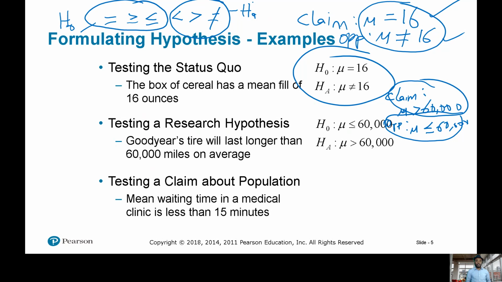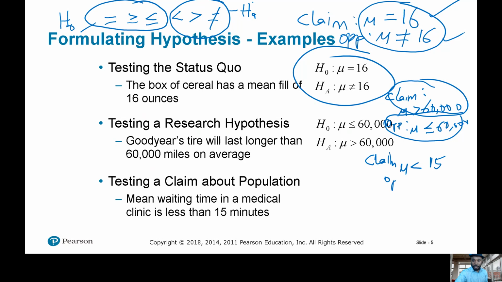Another example, testing a claim about the population. We're given here that the mean waiting time in a medical clinic is less than 15 minutes. So our claim this time around is that the mean waiting time is less than 15, mu is less than 15.